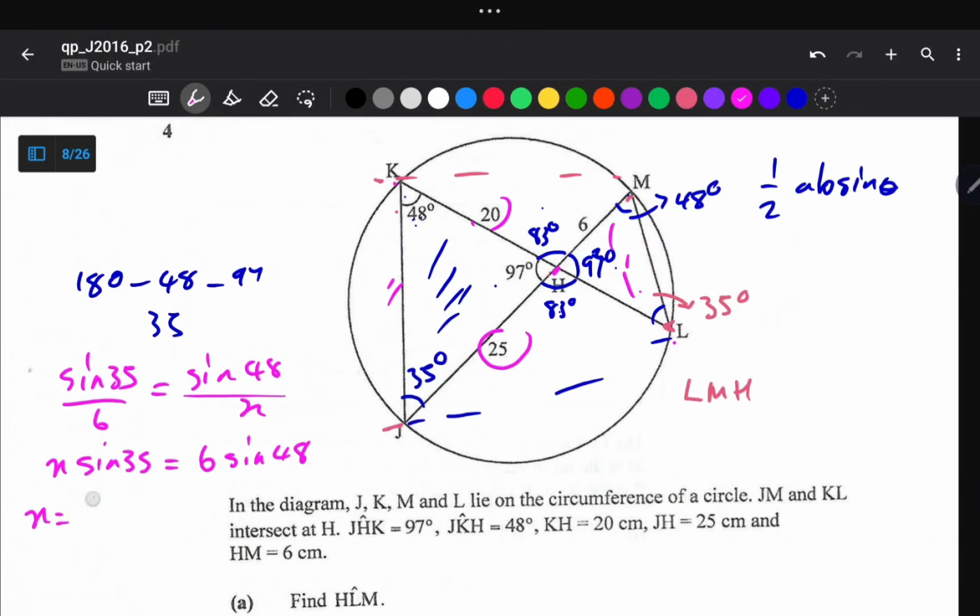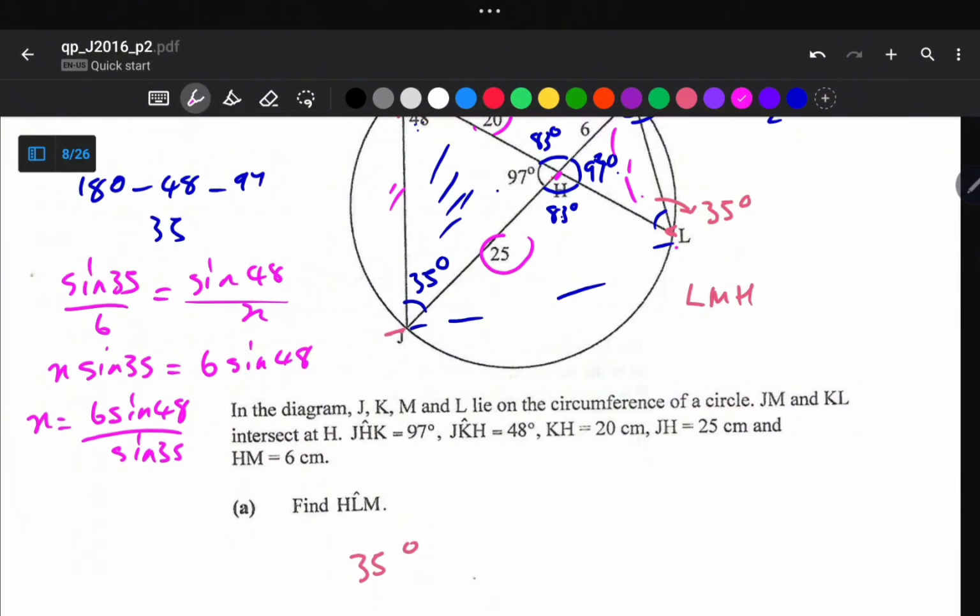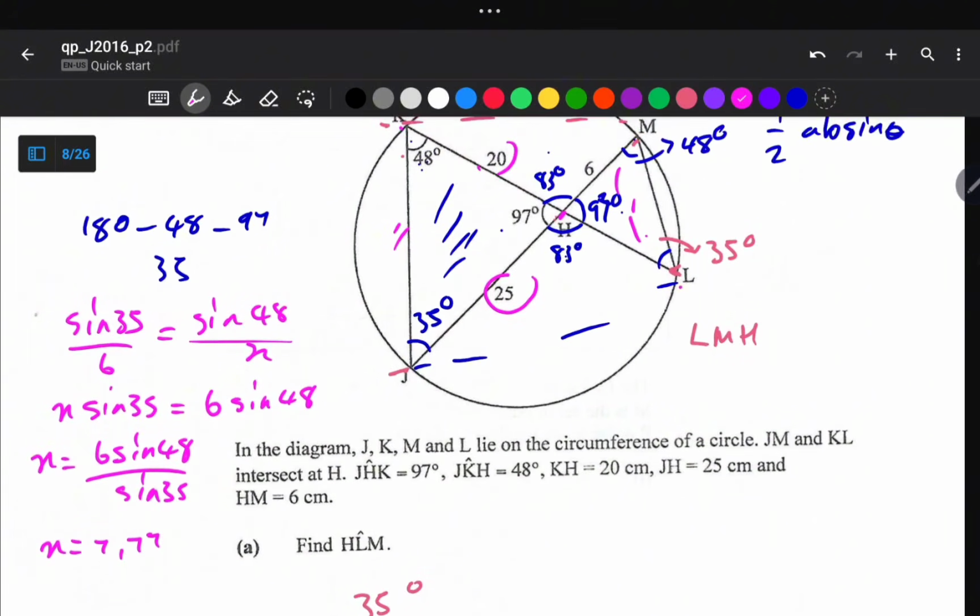So x is equal to 6 sine of 48 divided by sine of 35. Okay, so if we divide 6 sine of 48 by sine of 35, we are going to get x being equal to 7.77. So the length of this side is equal to 7.77 centimeters.